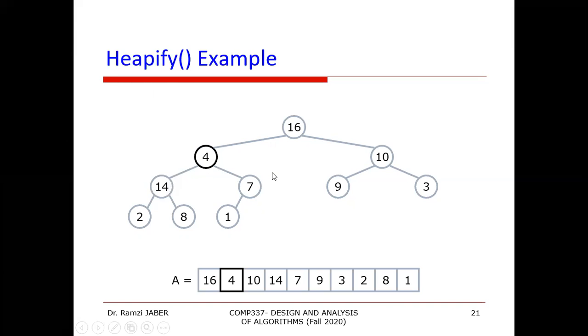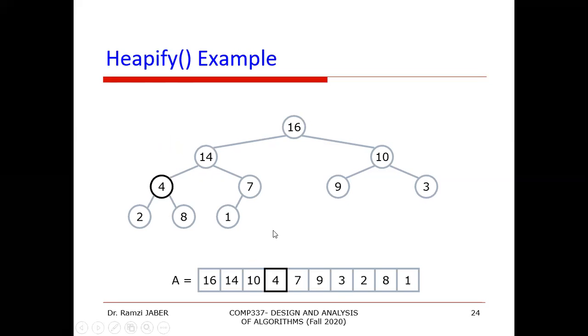So we apply the heapify algorithm on node I equal to 4 here, to compare it with its children. 4 is on the left, we see that the node on the left is larger than the parent, so we swap it.